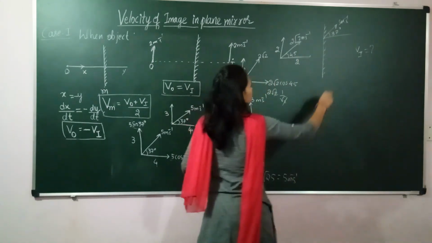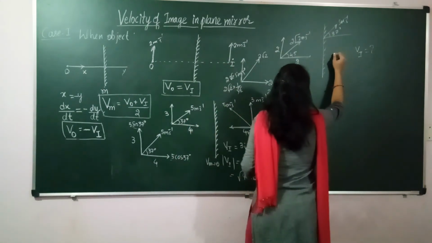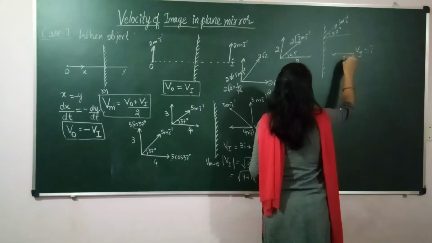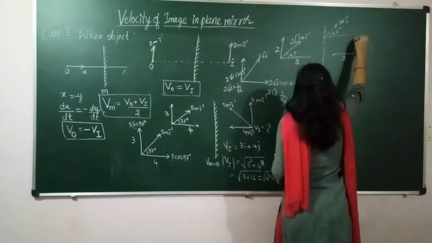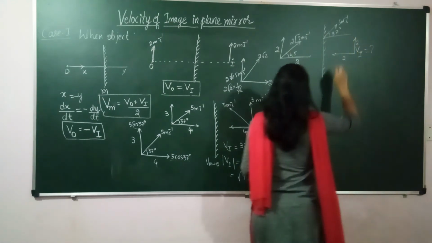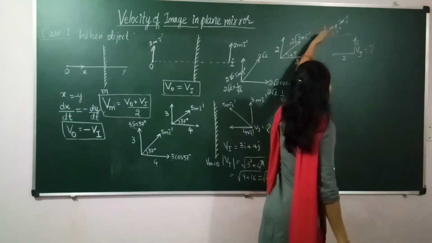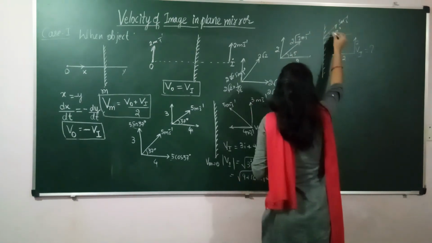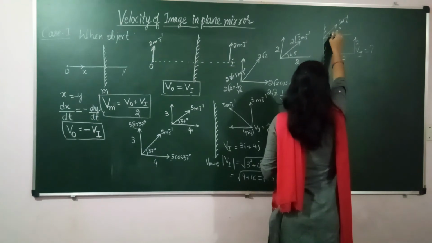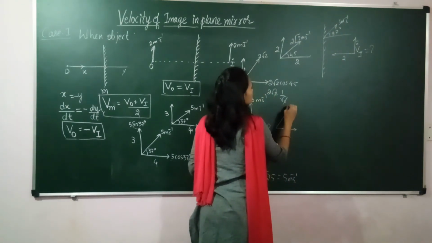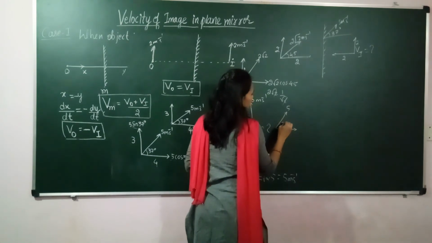Now we will find the velocity of the image. So now here this is traveling at 2, and here this one will be taken as 2. But here our mirror is also moving. So when this mirror is also moving, again this component will be split. This is 5 and this is 37 degree.